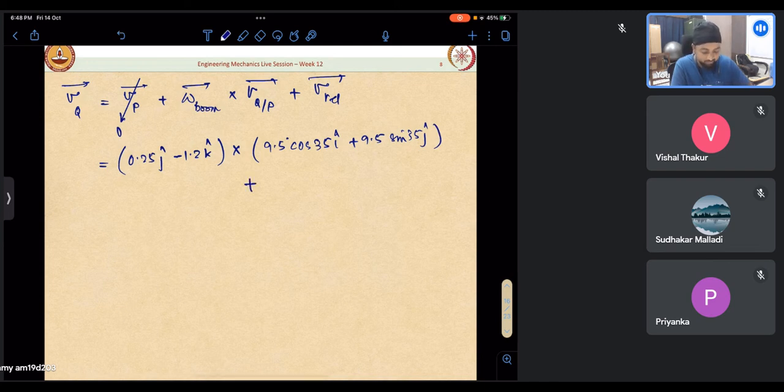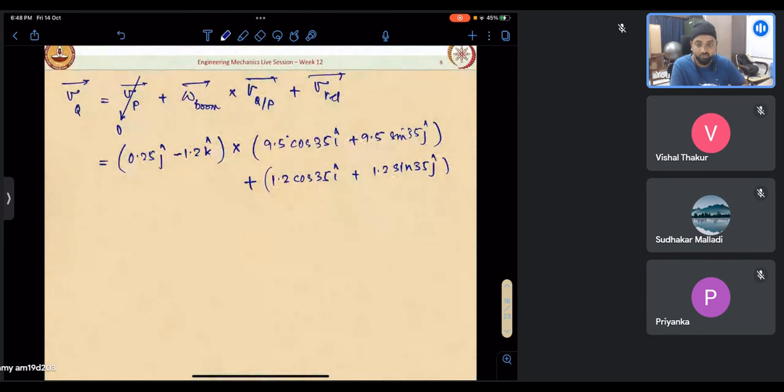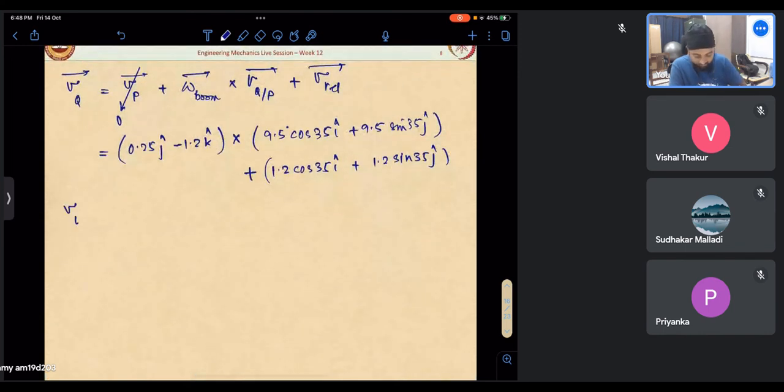So RQ with respect to P is 9.5 cos 35 i plus 9.5 sin 35 j. K cap is 0, so I'm not writing that. Plus VREL is 1.2 cos 35 i plus 1.2 sin 35 j. So we just need to get the cross product and add accordingly. So let us do that.